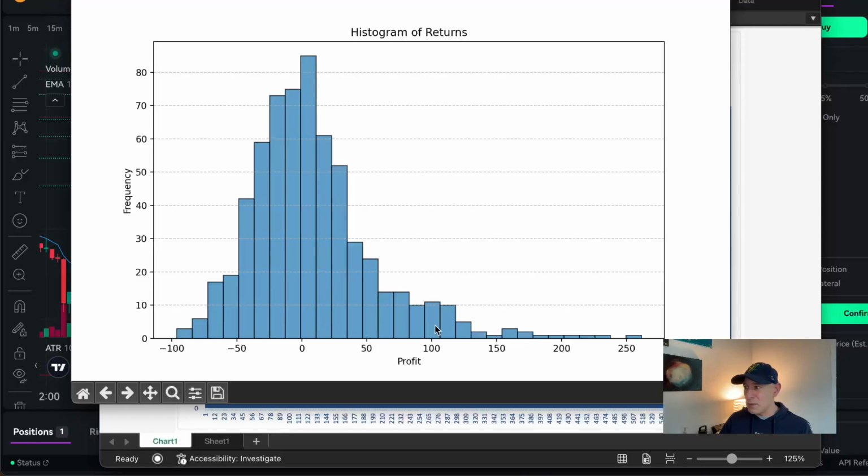But I'm seeing the same sort of thing where you've got a really fat tail on the right side here. The biggest loss is around negative $100, whereas you're seeing quite a few observations where it's $100+. So definitely skewed more towards the right side here.